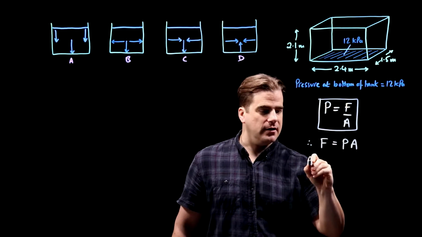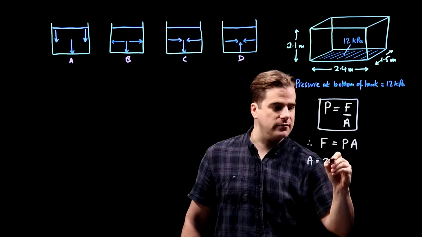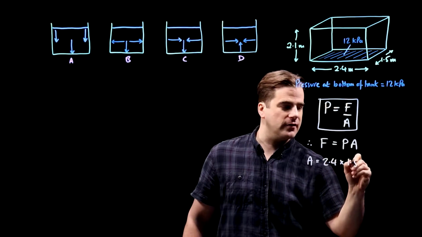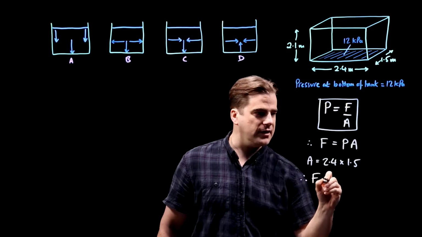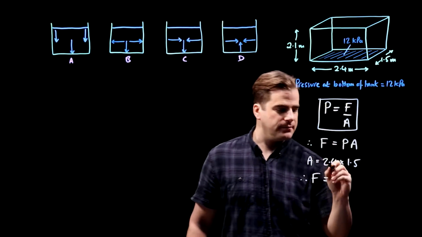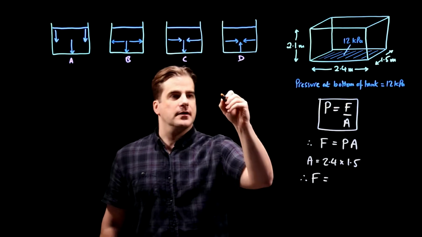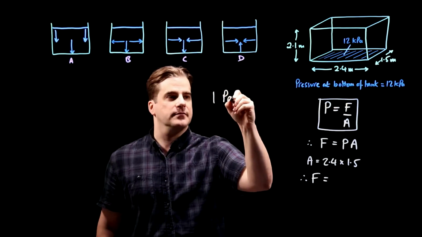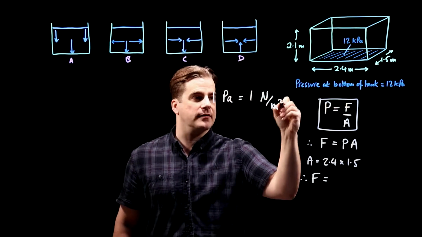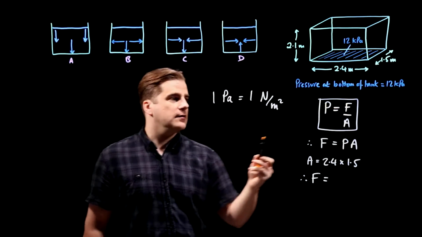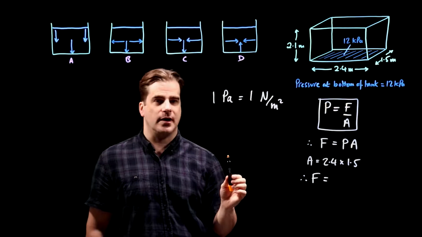So the area is, that's easy, it's 2.4 times 1.5. So therefore, the force is pressure. Now, it's 12 kilopascals. And 1 pascal is 1 newton per meter squared. You have to get your units right, and we always work in newtons and meters squared.